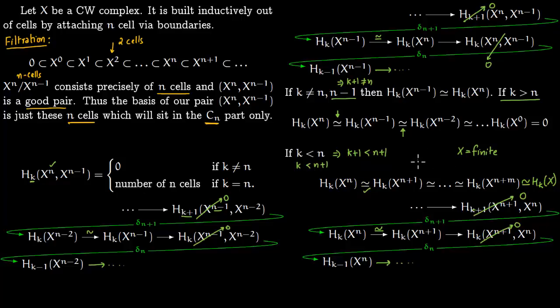Obviously this x_n via this filtration will be included in x_{n+m}, which we are setting as x. So this inclusion map for k less than n introduces this isomorphism. Also, if k is greater than n, then you end up getting 0.